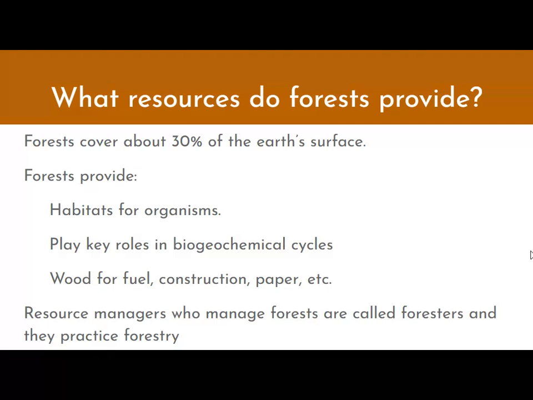So, what resources do forests provide? As of right now, forests cover about 30% of the Earth's surface. That used to be much higher. They provide things like habitats for organisms. That's why deforestation takes such a big toll on biodiversity.